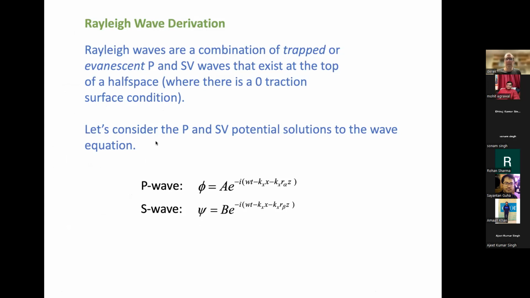So let's consider the P and SV potential solutions to the wave equation. We're going to write the P wave potential as phi and the S wave potential as psi. And since we're only going to talk about SV direction, we're not going to use psi as a vector. We're going to use it as a scalar.